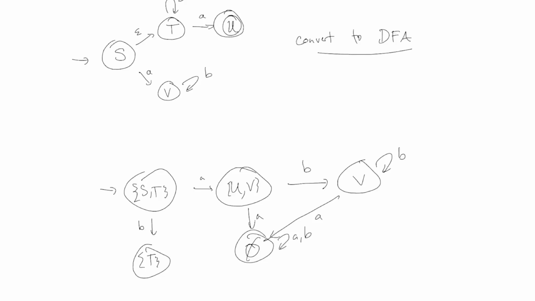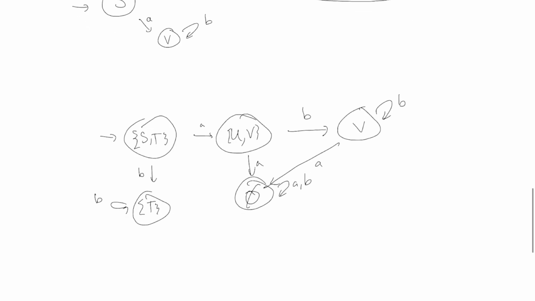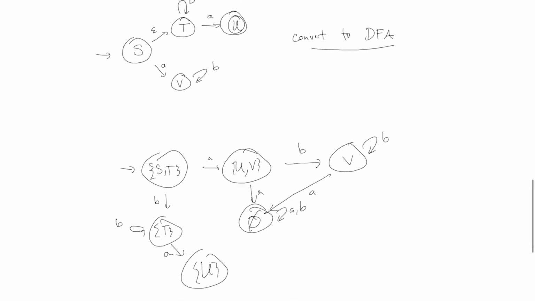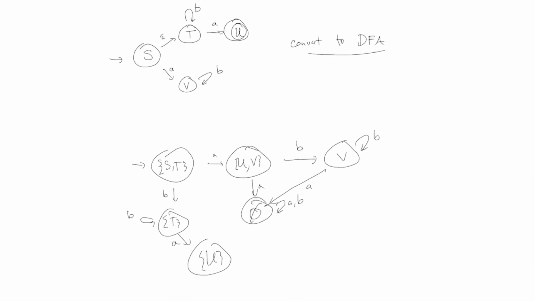And then the T state. If I do a B, it should go back to itself. If I do an A, it should go over to U. So I think this is just one more state on this diagram. Sorry, I'm trying to keep it all visible here. And then the U has no outgoing arrows. This goes to the empty set, A comma B. There you go. I think this is the whole diagram.